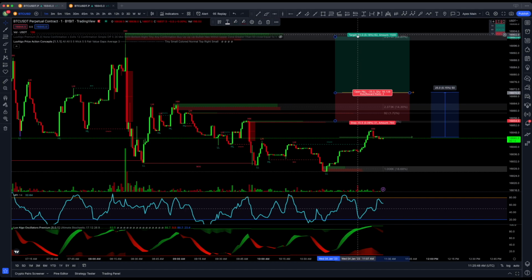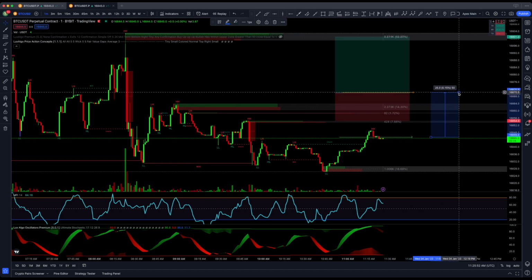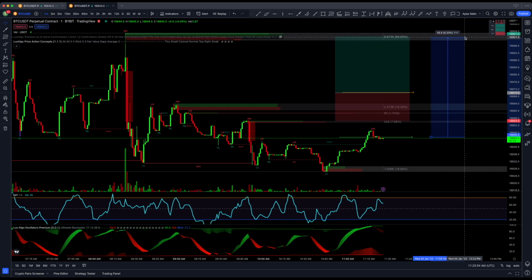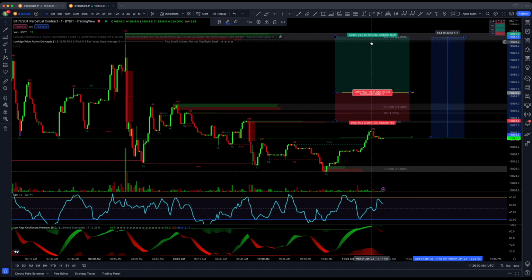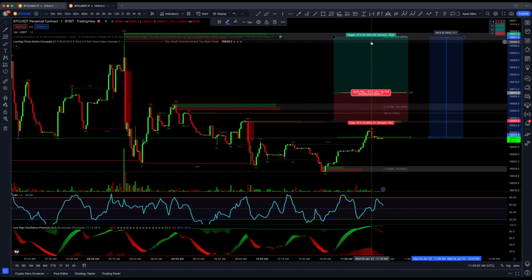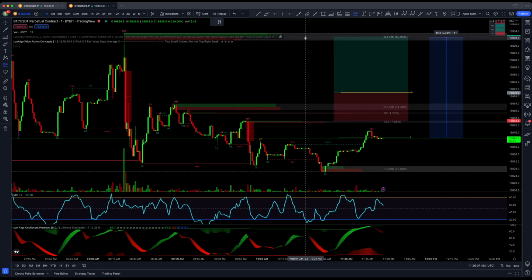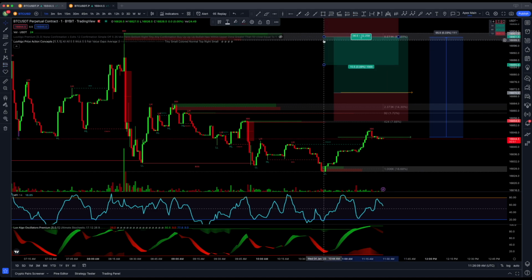That's a 31 basis point move. But remember, we have to then add this to this point as well. So you've got 31 minus 50. So 55 minus 31 leaves 25 basis points. But at this point, you'd then put a short order in here. Now remember, we're 25 basis points down.